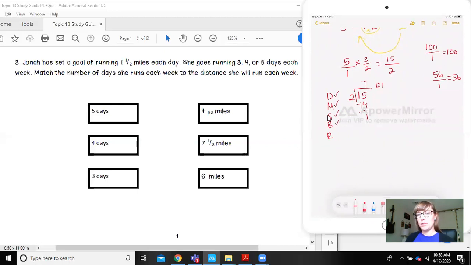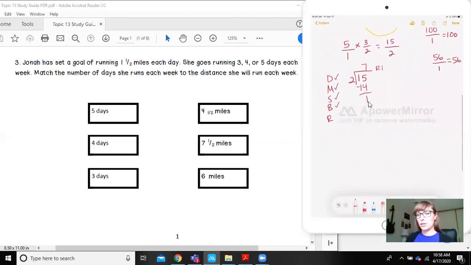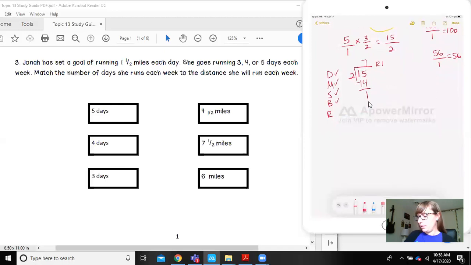Now with these numbers here, we're going to take this as our whole number. Let me change to a different color. This is our whole number, 7. This is still our denominator.